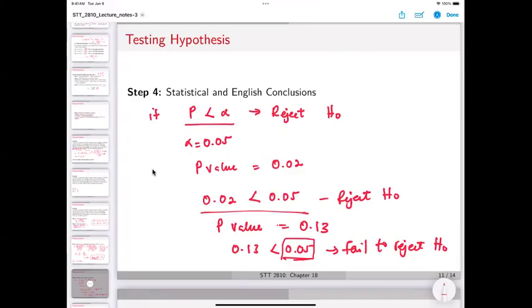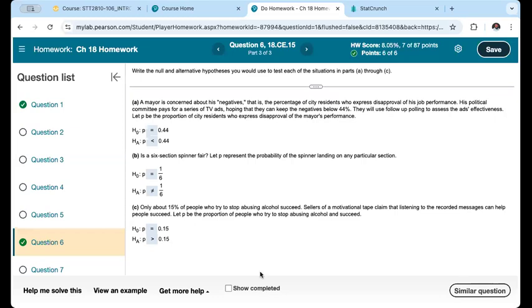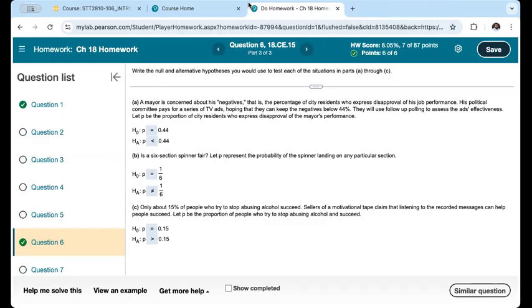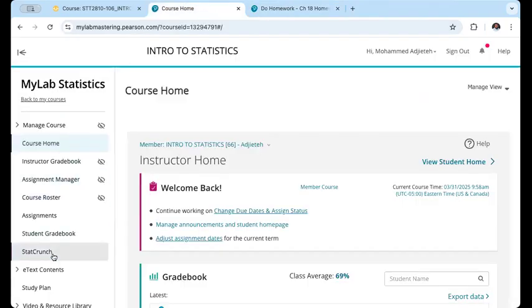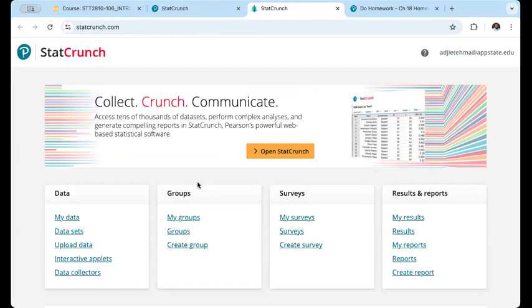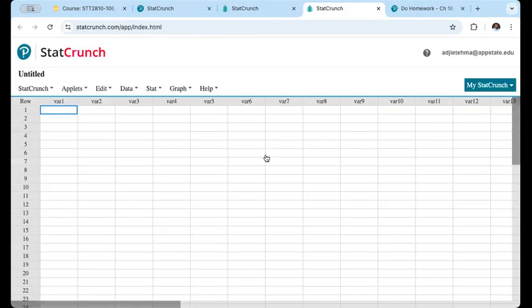So let's learn how to do this in StatCrunch.